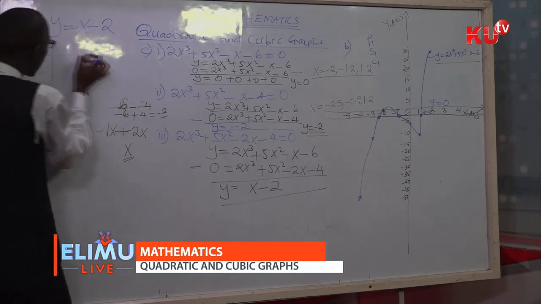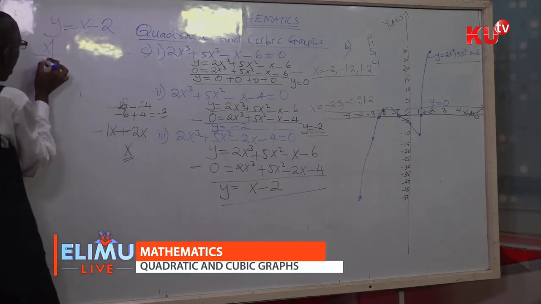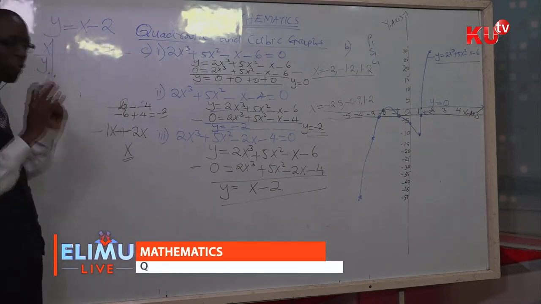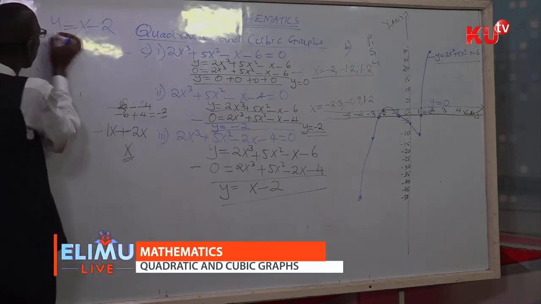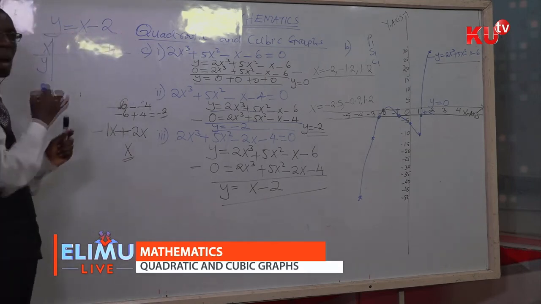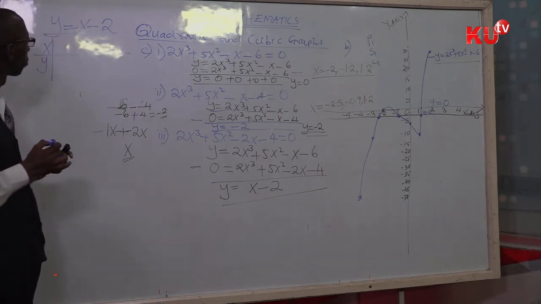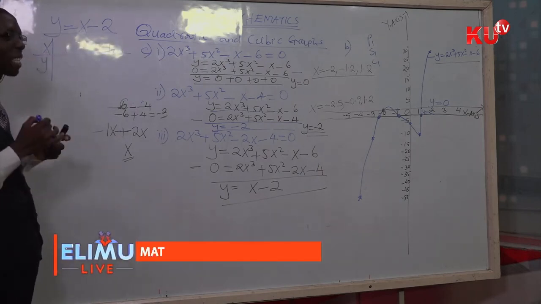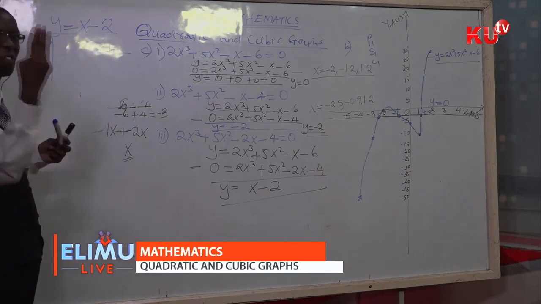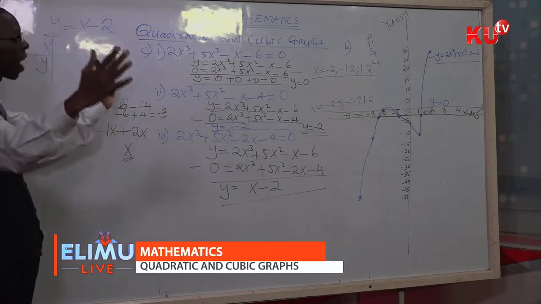What do you do from there? Come up with a small table. The table has the values of x and y. Come up with a small table with the values of x and y.